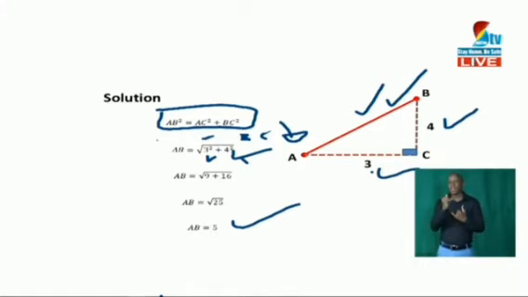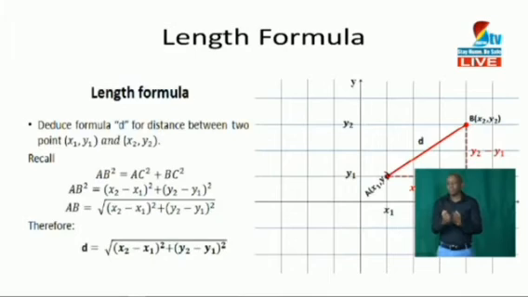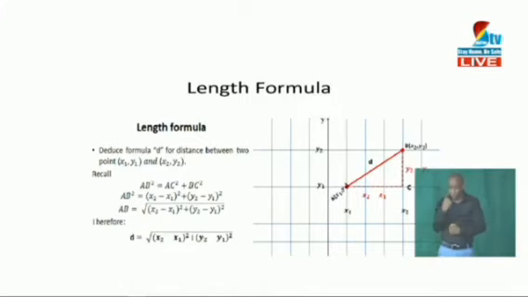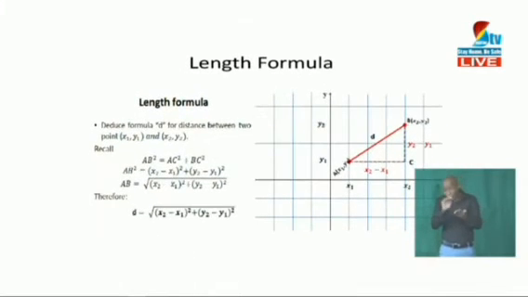Let's continue. Of course, we can deduce a formula that makes things easier for us. Having that formula, we just plug in numbers, then we should be good to go. So here we are deducing the formula for finding the length of a line segment.